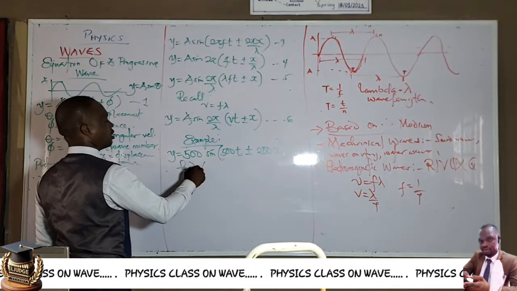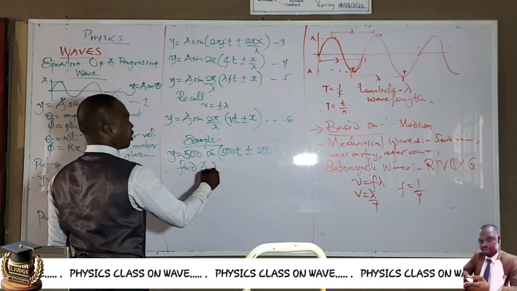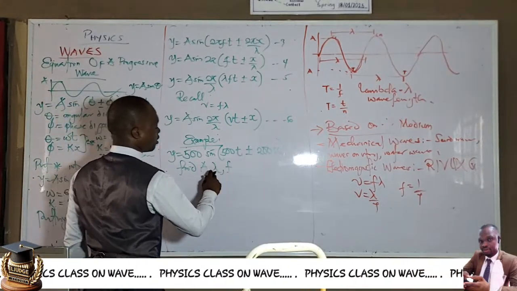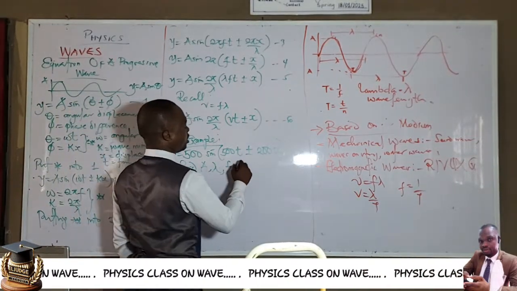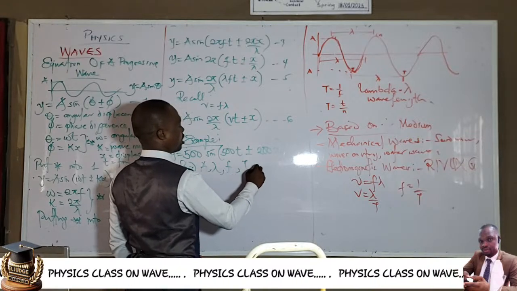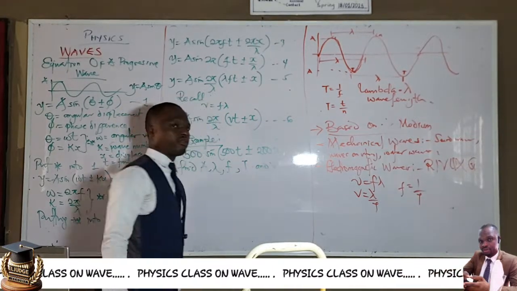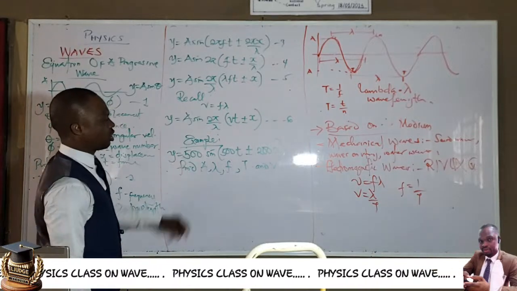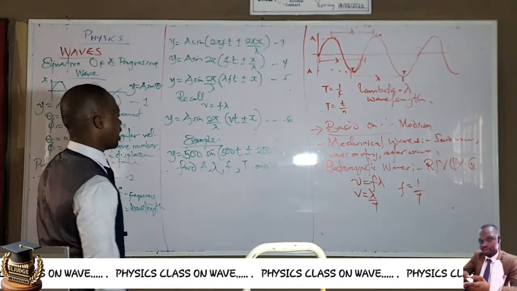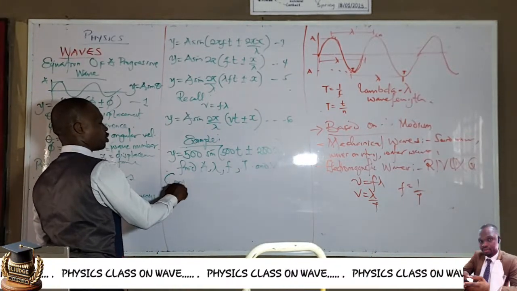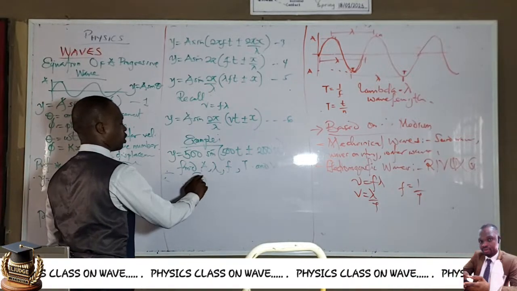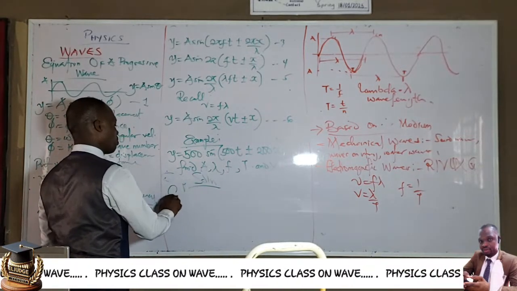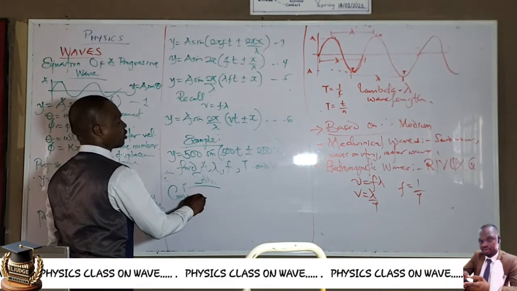Find the amplitude, lambda, that's the wavelength, frequency, period, and the velocity of this wave. To solve this, we are going to compare it with any of the equations that look like this.